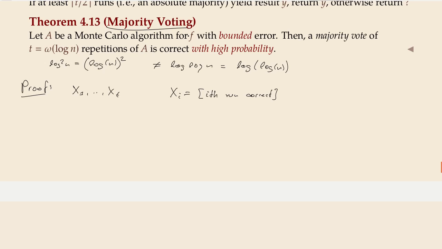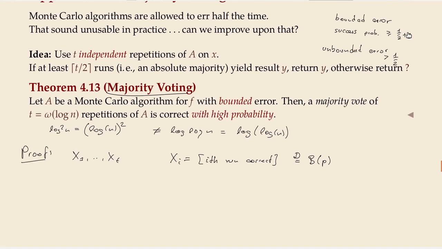But we don't know which one it is. But we know that these are Bernoulli distributed with a certain probability. And from the definition, we know that the probability is at least 1/2 plus epsilon. But here we just say it's exactly 1/2 plus epsilon.